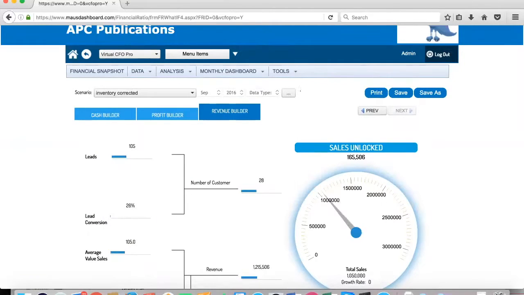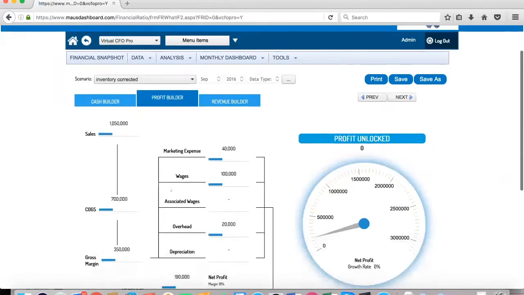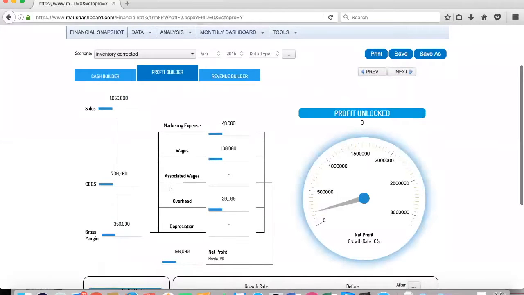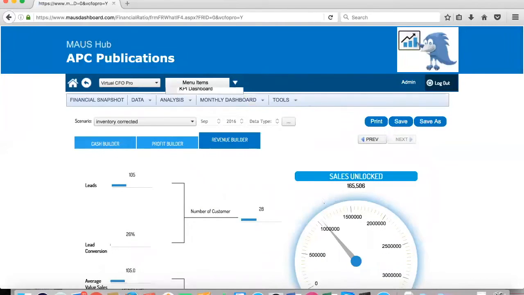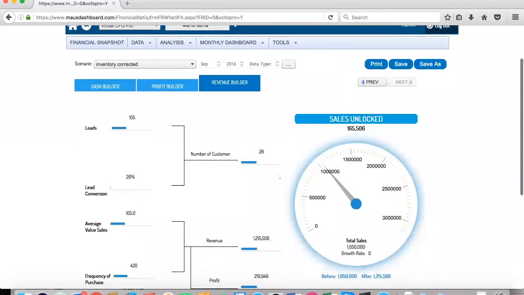So the last one, of course, is the profit builder. And what we will see here is we need to unlock. We needed the profit to be increased to what did we say? 1215. So we will do that.